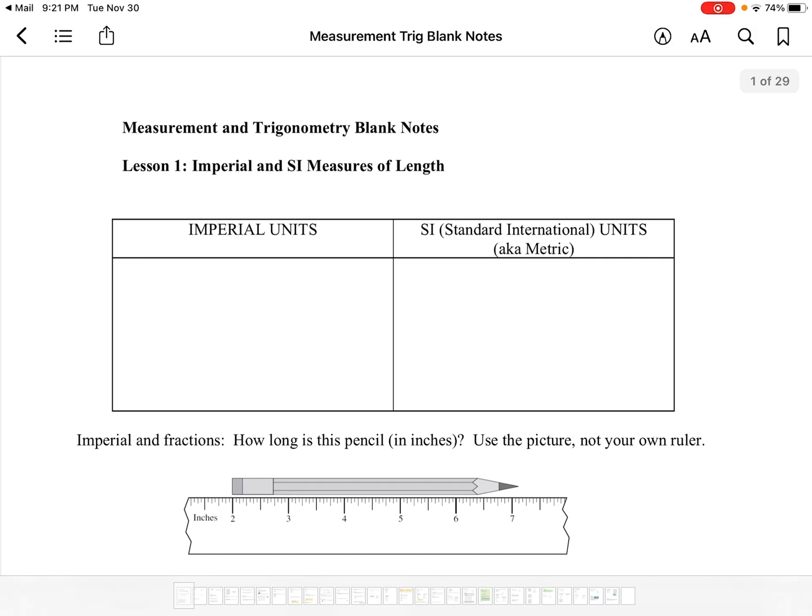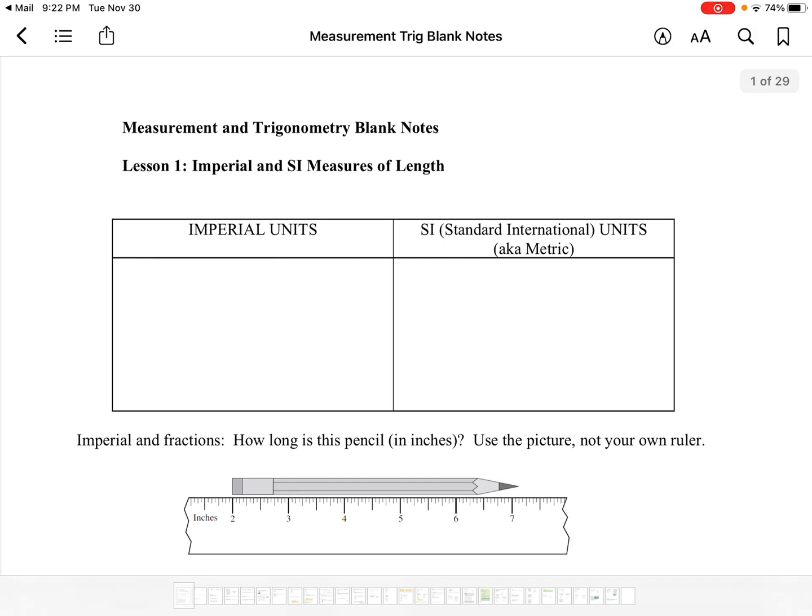The first lesson is taking a look at the various systems that we can use to measure length, how we convert between the systems, and how we solve problems involving conversion of units. Most of you will probably be familiar with this already, but there are two different systems that we can use to measure the length of something.